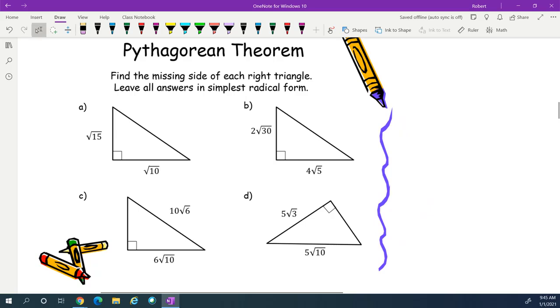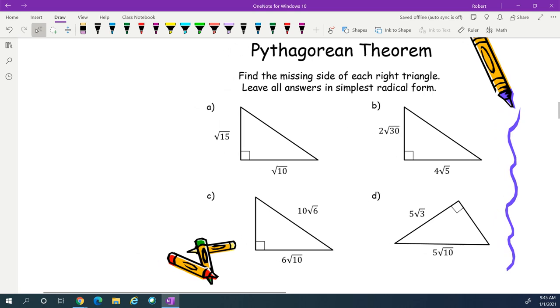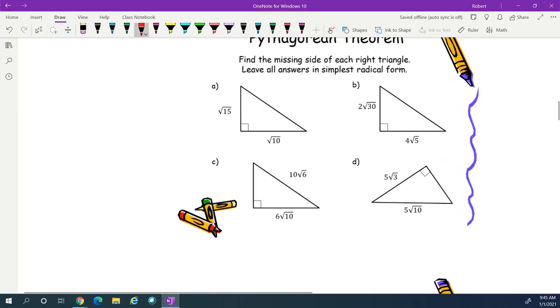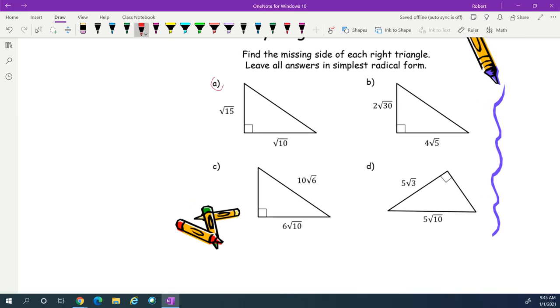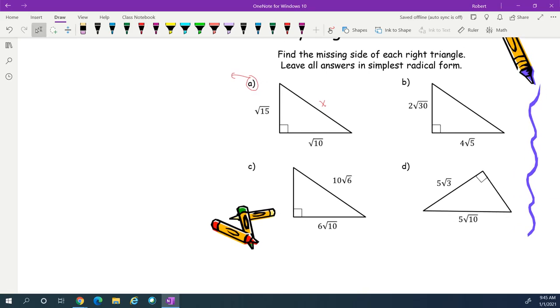We also worked with radicals, and that's going to be a big deal for us as we move forward. So we might have to work with problems in radical form. So again, let's just do an example here. We'll do question A. We'll just bring it out here. Again, our hypotenuse is what we're looking for. We can call it c or x. It doesn't matter. So the first side we can say is maybe square root 15.